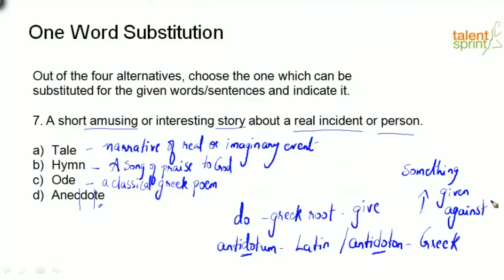Right? So let's look at words that have do. So I can say antidote, right? So antidote is again something given. It's a remedy given, let's say you had poison and you want to lessen the effect or neutralize or counteract it. Then you give an antidote, right?